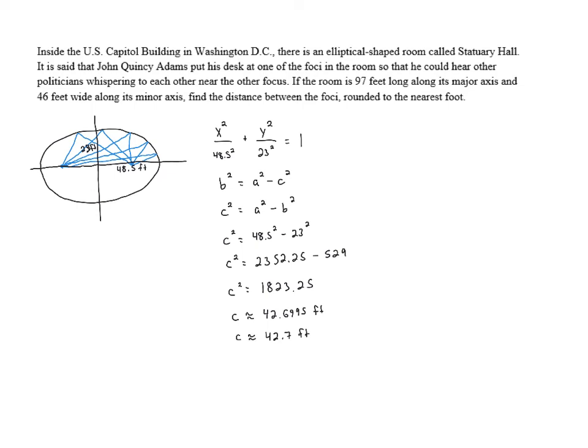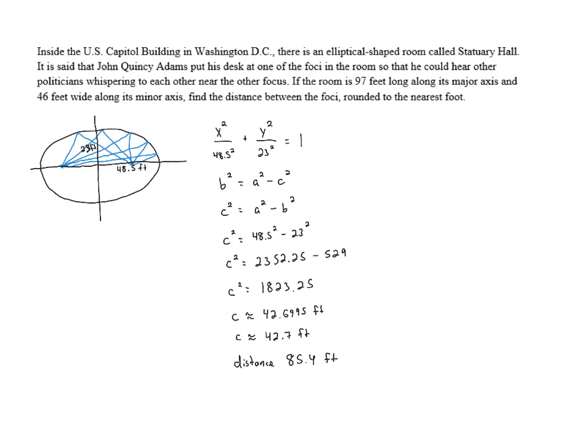However, that's the value of c, and we wanted to know what 2c is, so we've got to double this, and so the distance between the foci is twice this amount, and 2 times 42.7 is 85.4 feet.